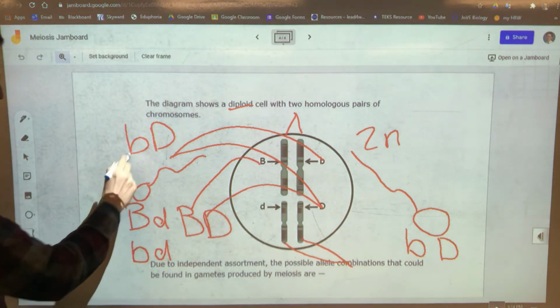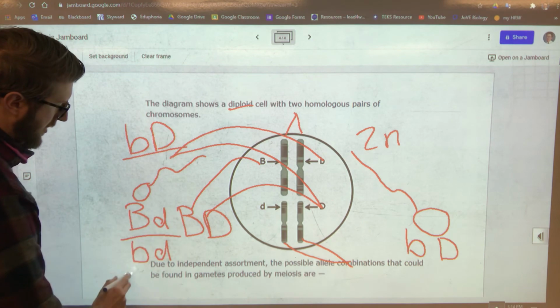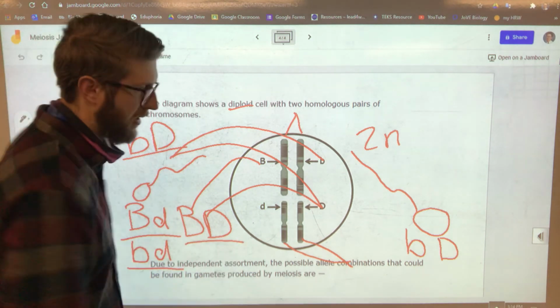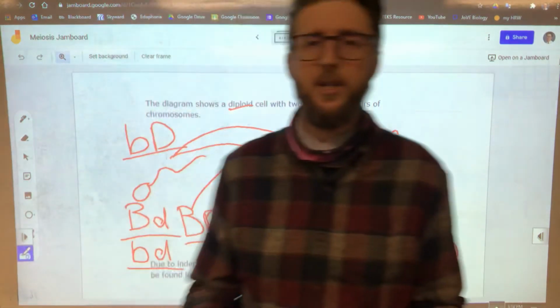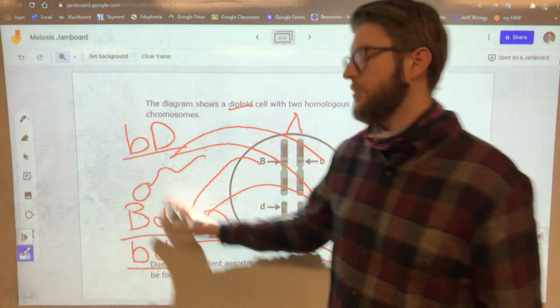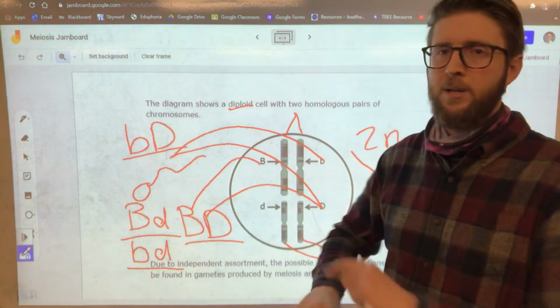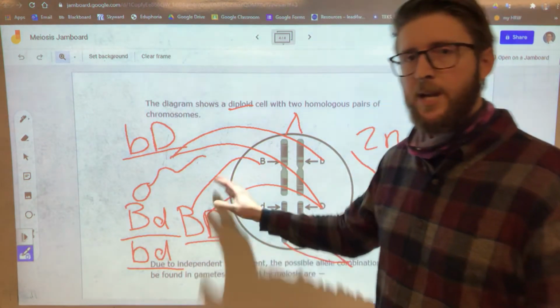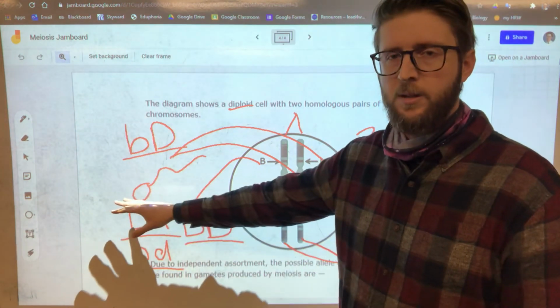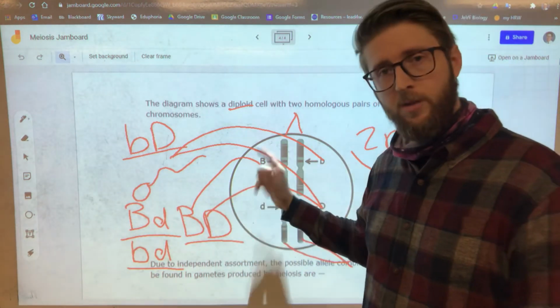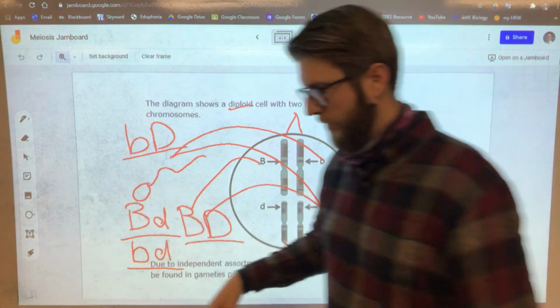So we could have little b big D, big B little d, little b little d, big B big D. We could have 4 different combinations of genotypes in any given sperm, and once again it's all random. Now you're not going to have 2 B's or 2 D's, okay? That's not how that works. One of each goes to each sperm, okay?